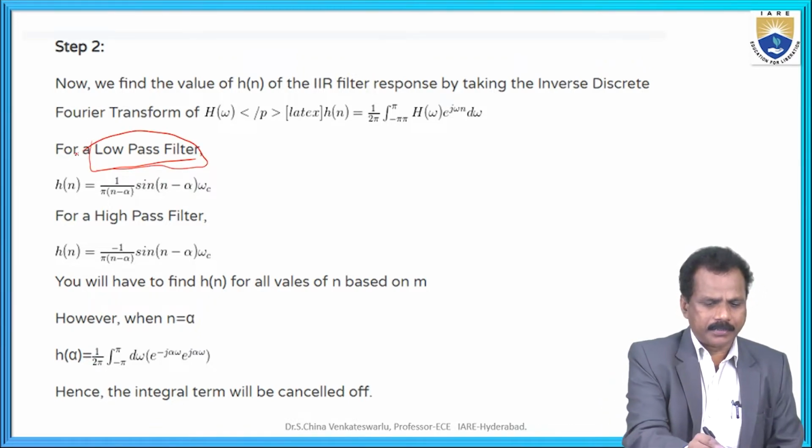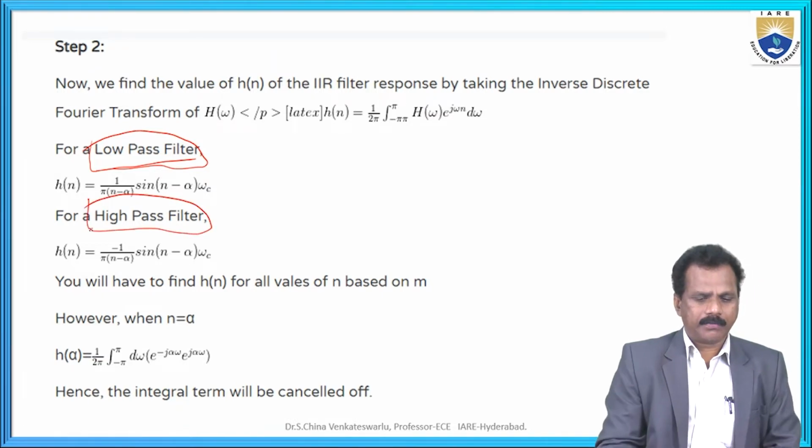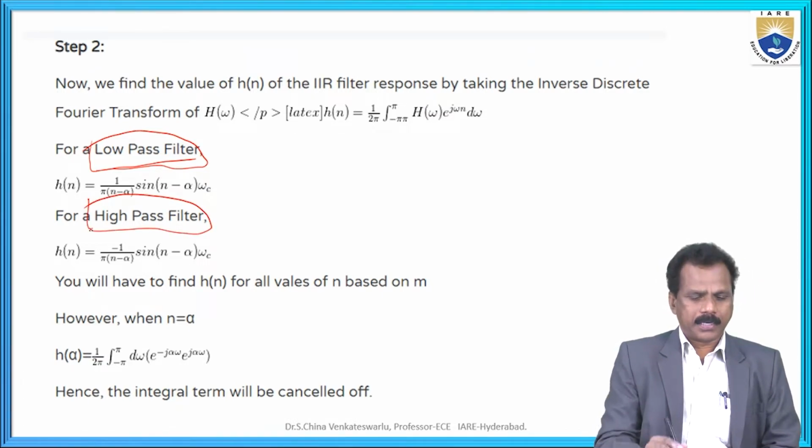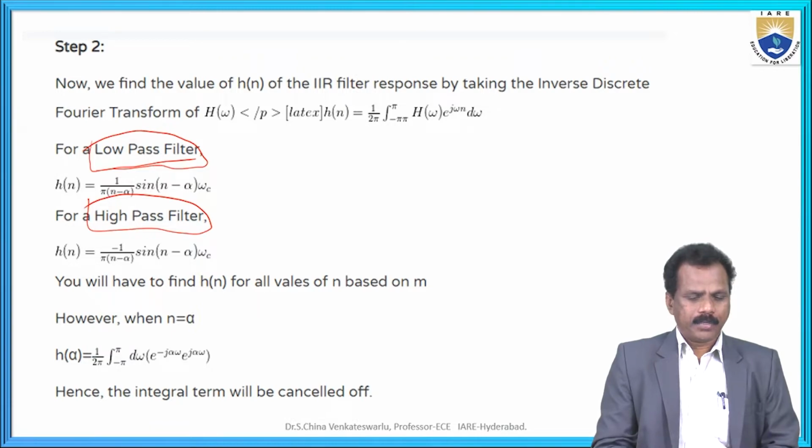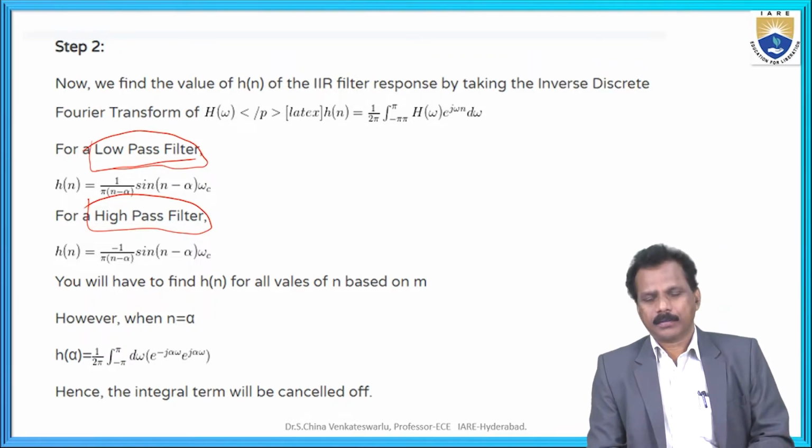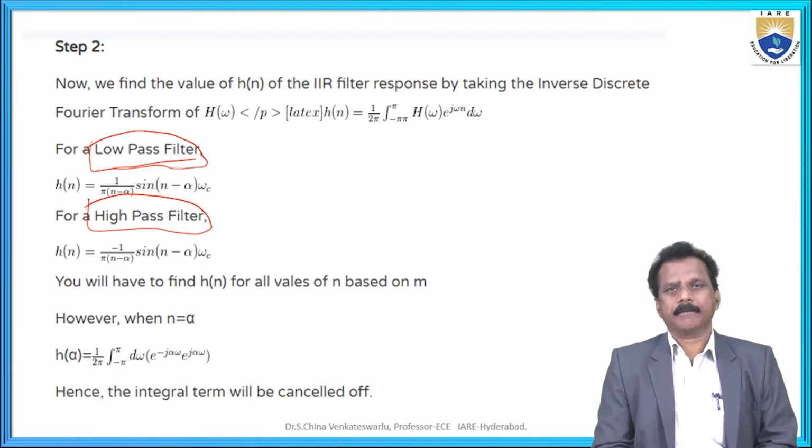Coming to the high pass filter, the impulse response h(n) is equal to minus 1 by pi (n minus alpha) times sine of (n minus alpha) omega c.